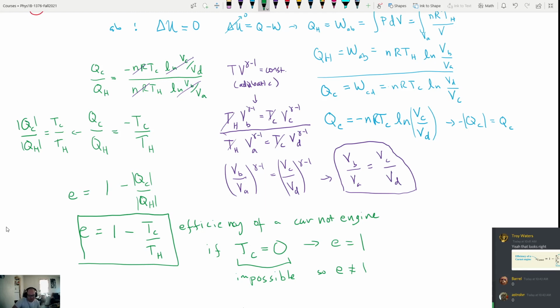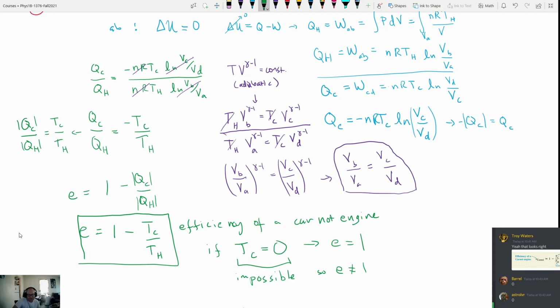But what this is telling us is that even if you design a perfectly efficient engine where all the steps of all the processes seem to be reversible, even still, you can't get 100% efficiency. It is just hard-coded into the rules.